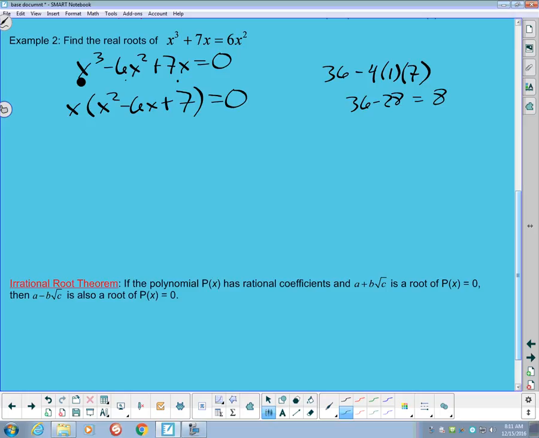And 8 does not have a nice square root, so this is not going to be rational answers. It's going to be irrational answers. They are going to be real because this is positive, but that also means that we would not be able to factor this.